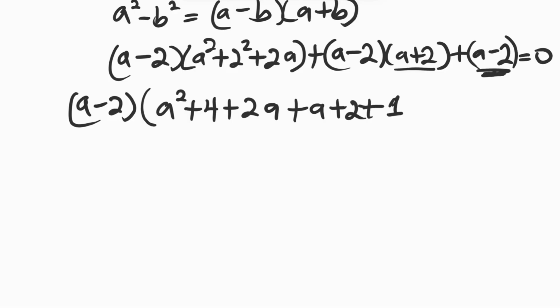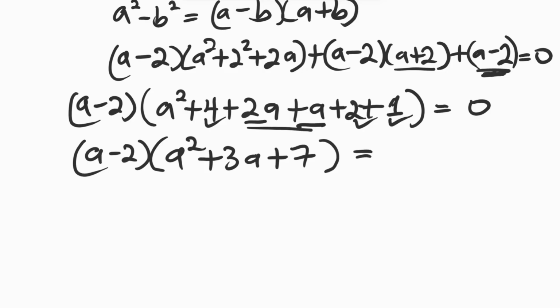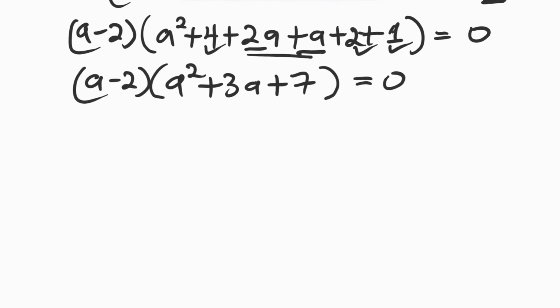It will divide through to become 1. That's equal to 0. So let's solve what we have in the second bracket. We have a squared. 2a plus a will give us 3a. And then 4 plus 2 plus 1 will give us 7. And that's equal to 0.